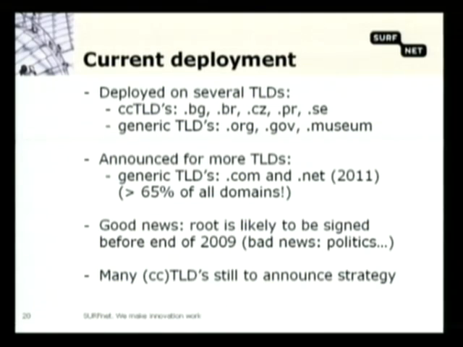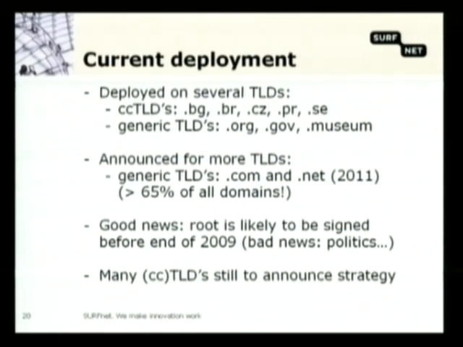And as Dan Kaminsky mentioned last night, it would be really convenient if the root would be signed. Because, well, actually, if the root isn't signed, how am I going to build up the trust? Well, the good news is that the US government and ICANN have announced that they're going to do their very best to sign the root before the end of this year.